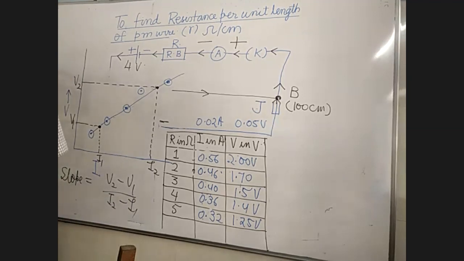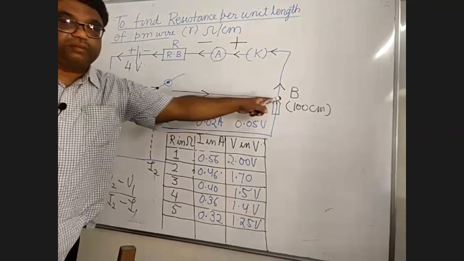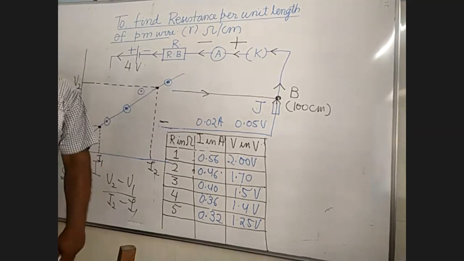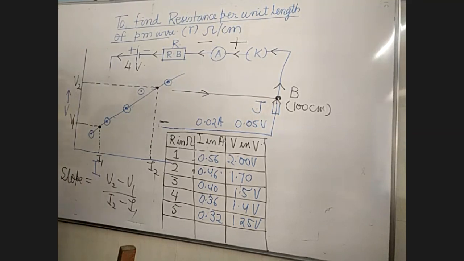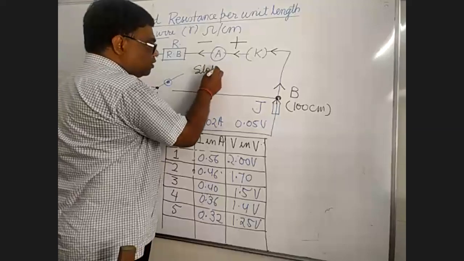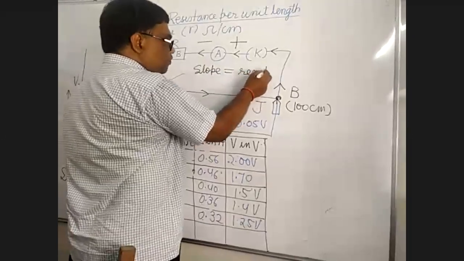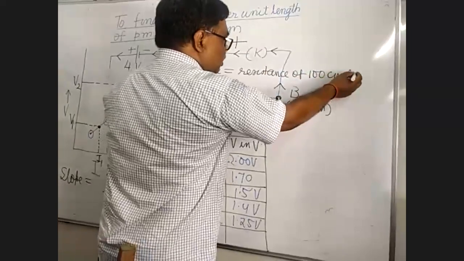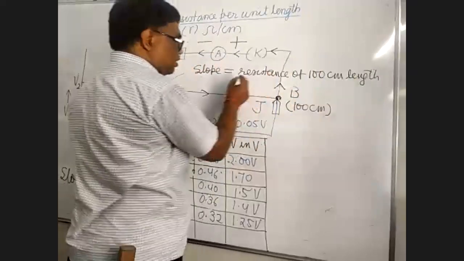Now all of you see here, as we know, the slope of the VI graph gives the resistance. And the resistance of how much wire will this give? This will give the resistance of 100 centimeter wire. The slope of the VI graph is the resistance. So the slope will be equal to the resistance of the 100 centimeter length wire.